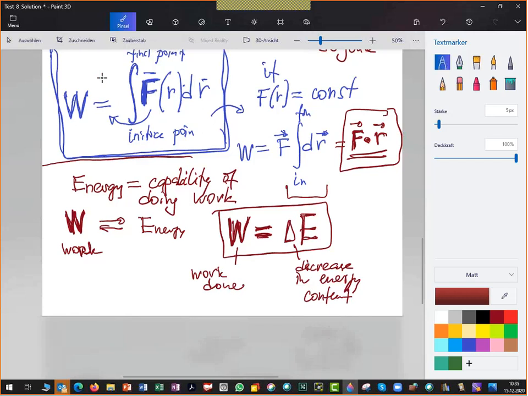On the 5th of January, our main topic will be the work-energy theorem and the close relationships between work and energy content. This class will be given either by me or by my student Fuad, whom many of you already know, and he or I will talk about this relationship more closely.